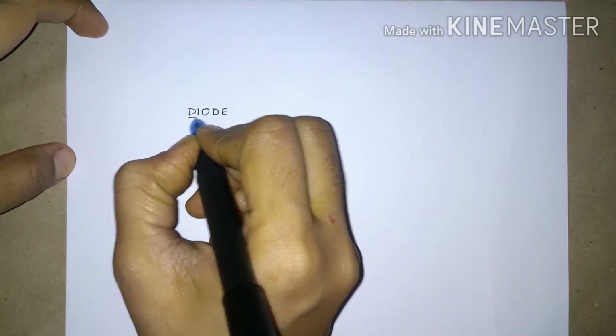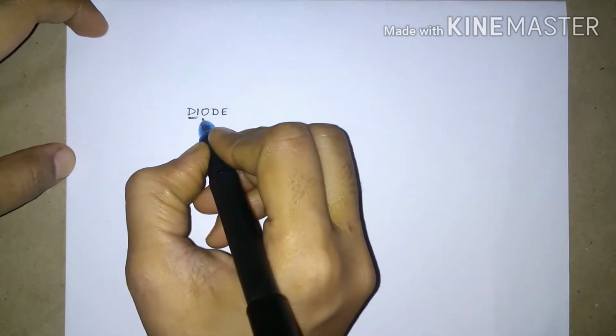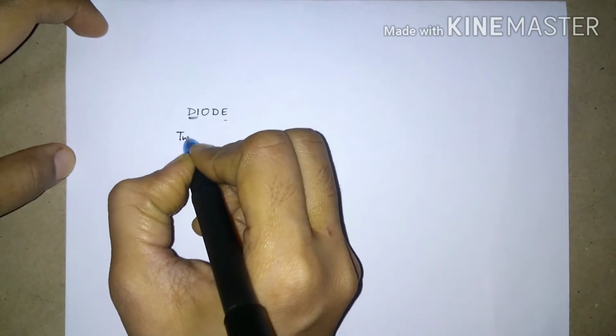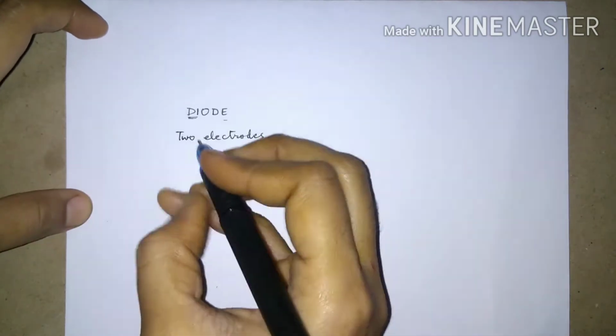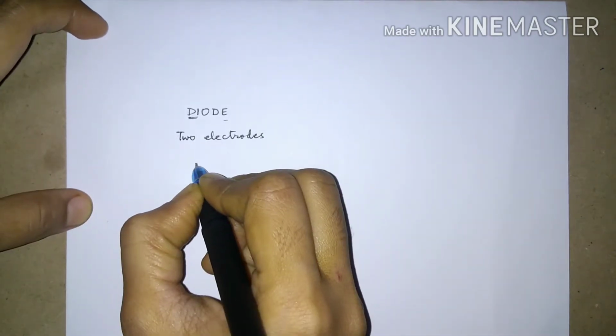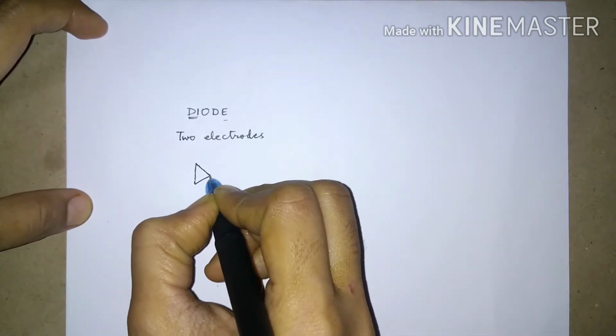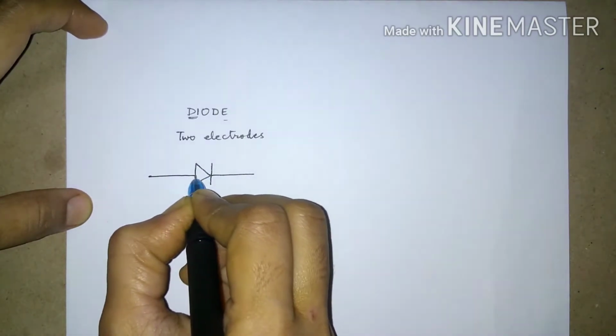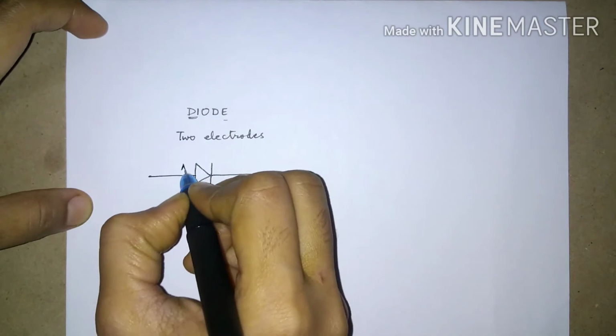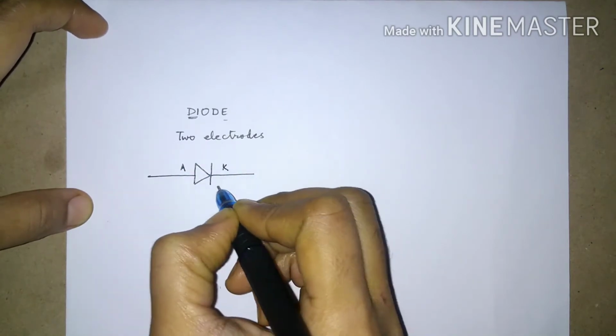We already discussed that a diode has two electrodes. Its schematic symbol is something like this. This is the anode and this is the cathode.